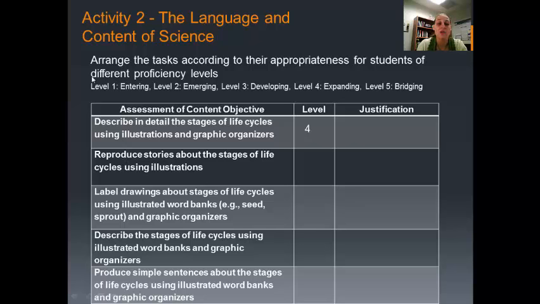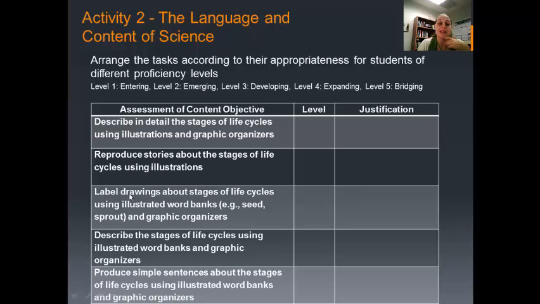Okay, and we can also see that the support, the using illustrations and the graphic organizers, here in this one, the using illustrations would be alone, right? There's no graphic organizer as a support in this objective here. So immediately we can tell that the level here is a lower level than what would be represented here in that second objective, because there is more language involved and less support.